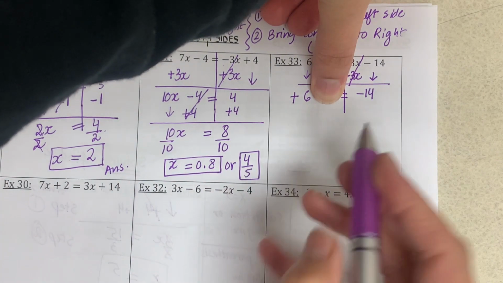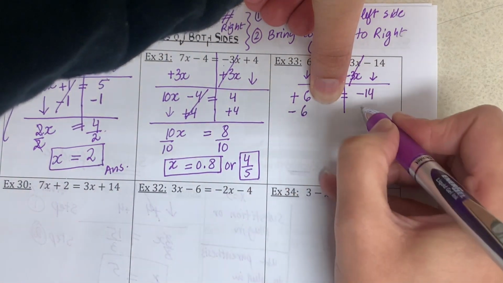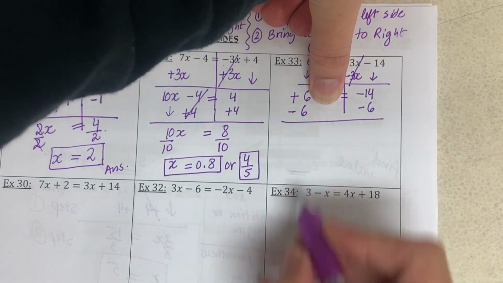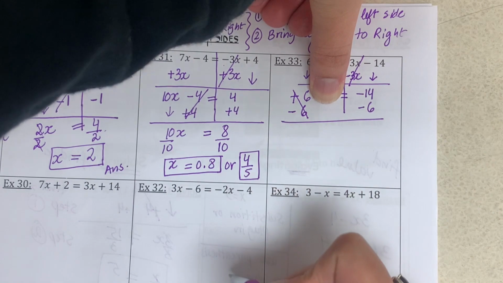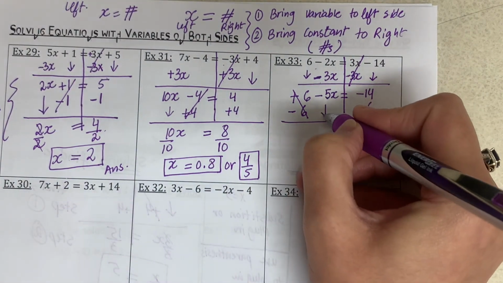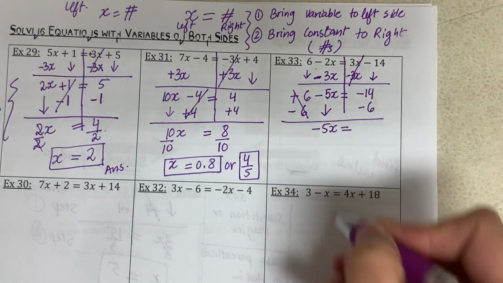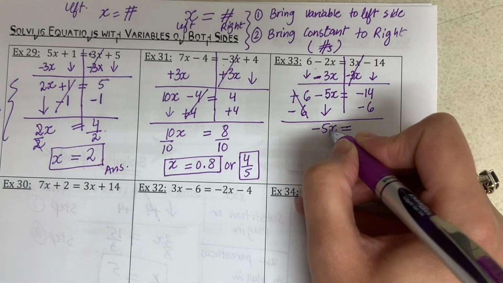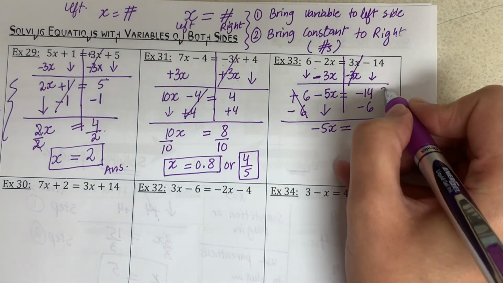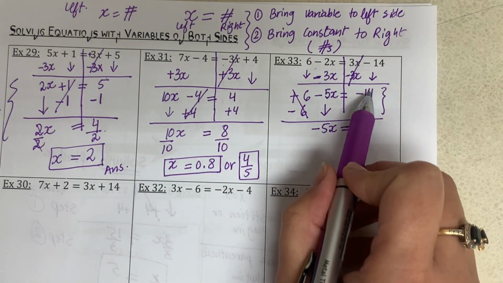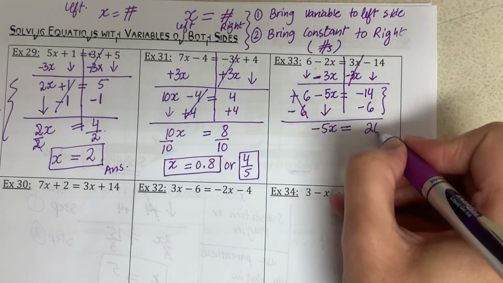It is a plus. Opposite will be minus 6. 6 minus 6 is a 0. Cross it out. Lift your finger. You saw minus 5x equals. And again, solve this part. Same sign. You add the numbers. 14 plus 6 is 20.